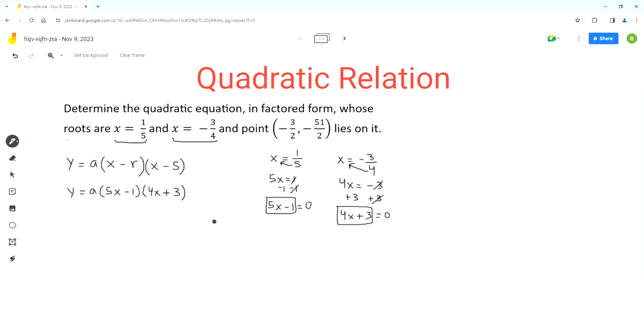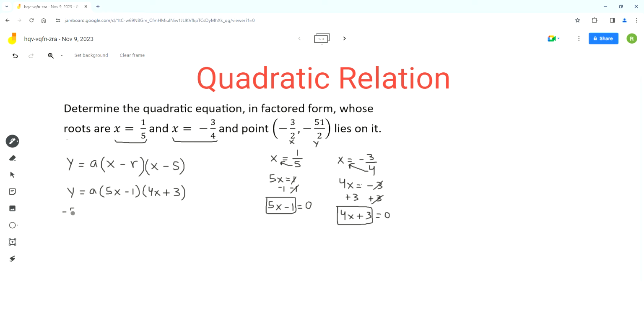We have to use the given point to find the a value. So in the given point, the first number is the x value and the second number is the y value. So we sub in x as negative 3 over 2 and y as negative 51 over 2 to solve for a.